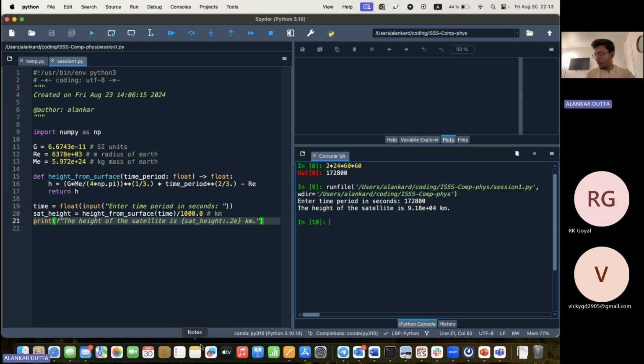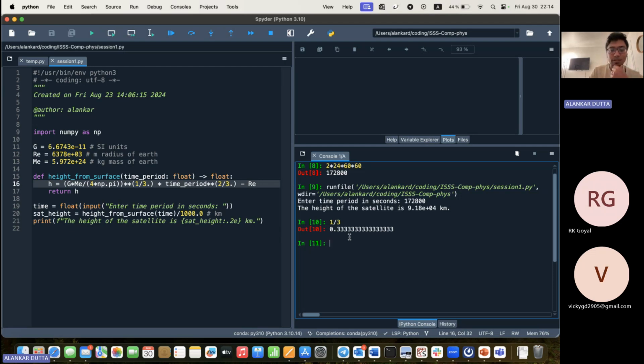So is this clear? So what's the meaning of 1/3 dot here and similarly 2/3 dot here? Yes. So what happens is Python these days is quite smart. If you give something like 1 by 3, it gives you 0.33333.